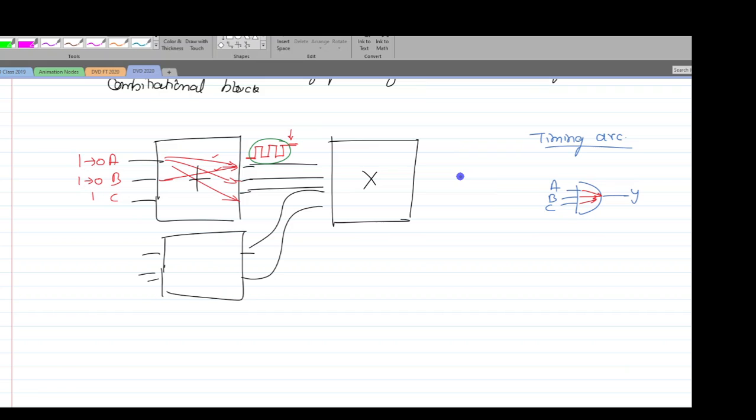The way one can avoid these things is by introducing some sort of sequential elements. When I say sequential elements, I am talking about either a latch or a flip-flop.